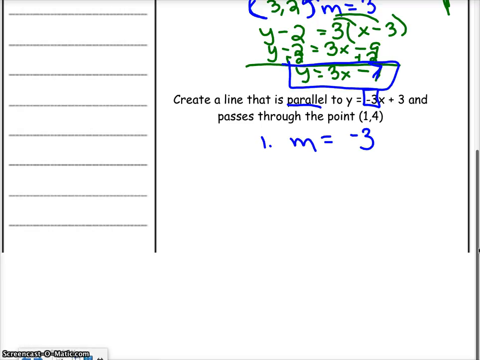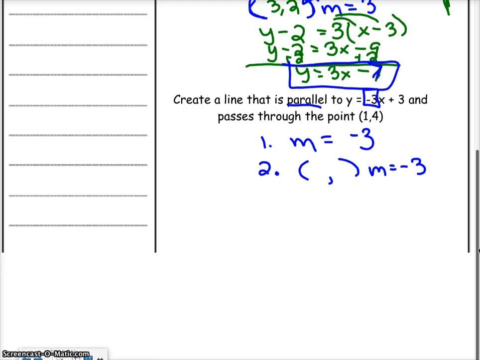Step 2, my little skeleton or framework. So I say the point I go through, m equals negative 3. This point, (1, 4), will go into that skeleton.